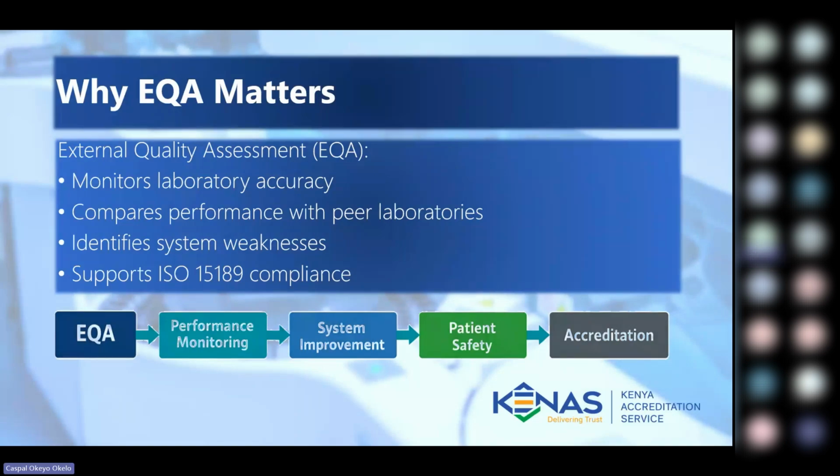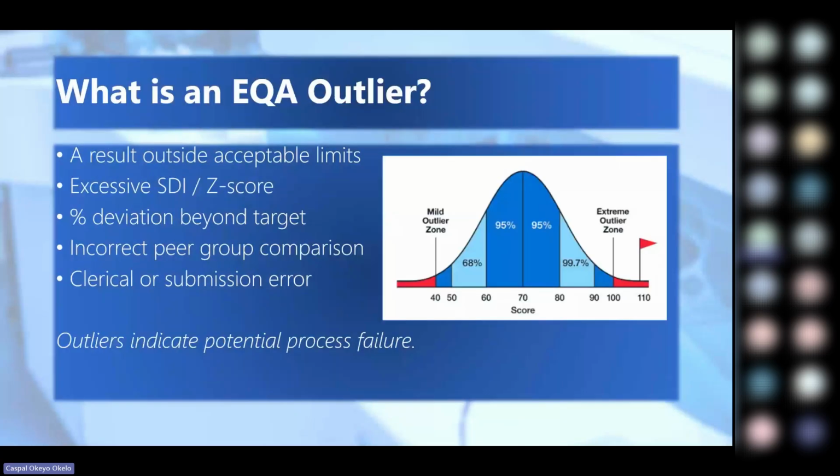After understanding EQA, let us get into the discussion. What is an EQA outlier? We've been mentioning from the onset about EQA outliers. An outlier simply means our result falls outside acceptable statistical limits. This could be a high SDI, or what we call the Z-score.